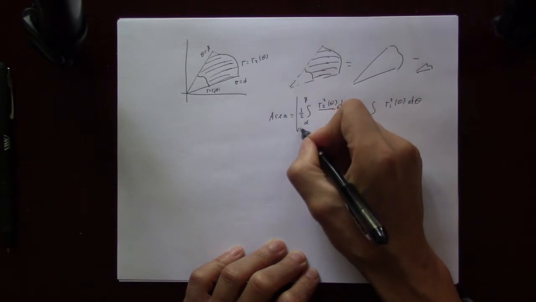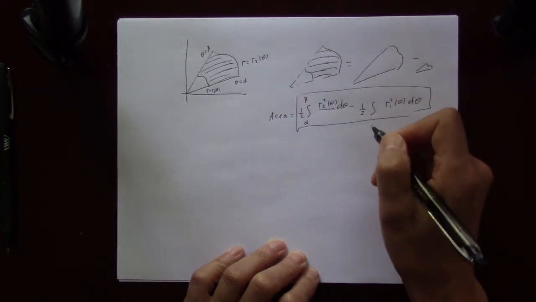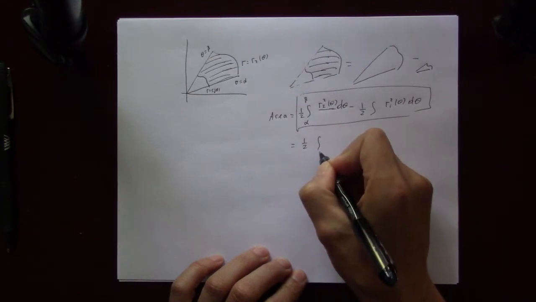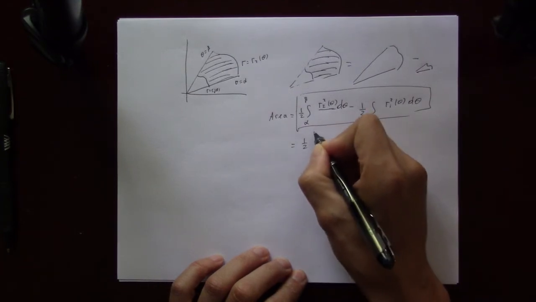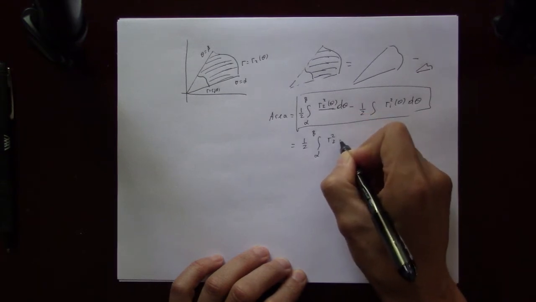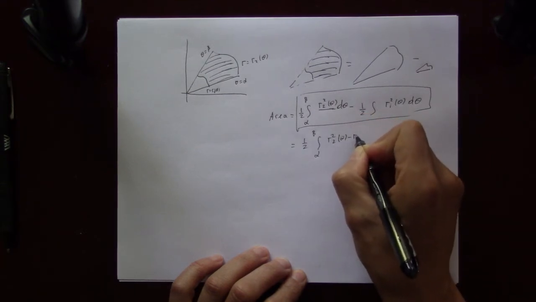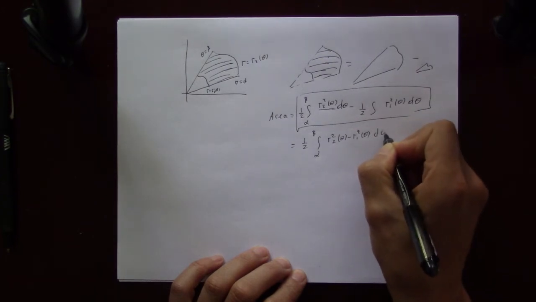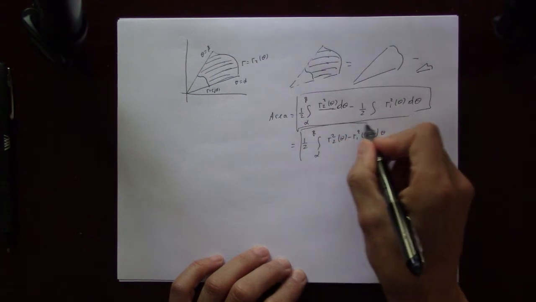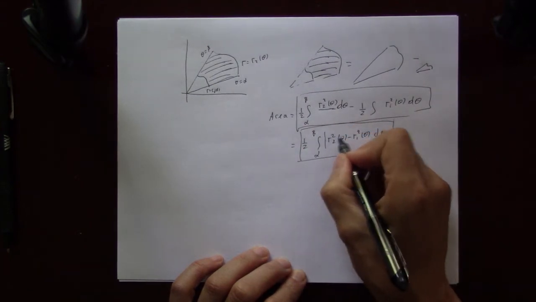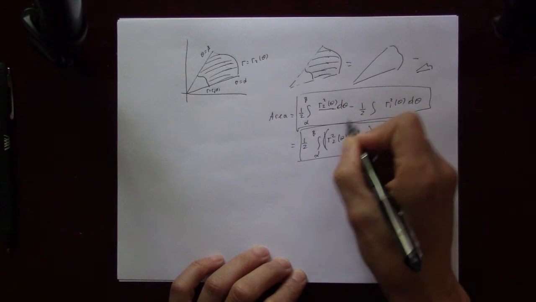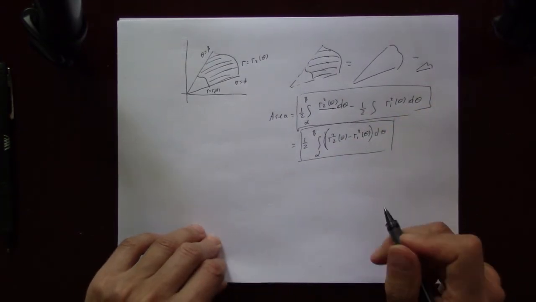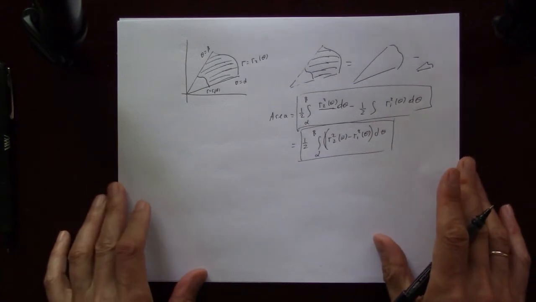And that's how we calculate the area between two polar curves. If you like, we can also factor out 1/2 and put it as a common integral from alpha to beta, r2 squared theta minus r1 squared theta d theta. It's the same integral as our original one. That's the idea of how we calculate the area between two polar curves.